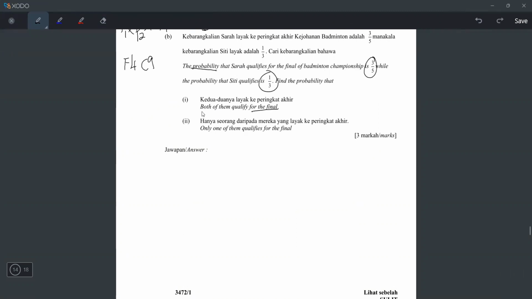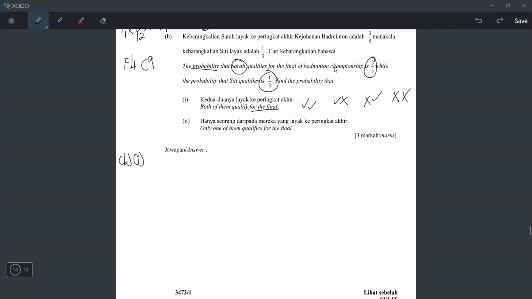So the reason why students cannot do probability questions, the reason why they think it's difficult, is because they never write down all the possibilities. So what are all the possibilities? The possibilities are: both qualify, or the first person Sarah qualifies but Siti doesn't qualify, or Sarah doesn't qualify but Siti qualifies, or both don't qualify.